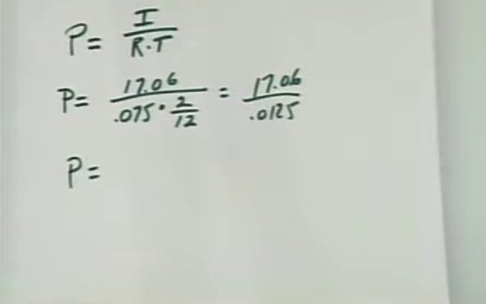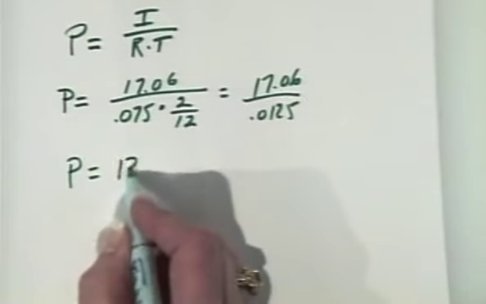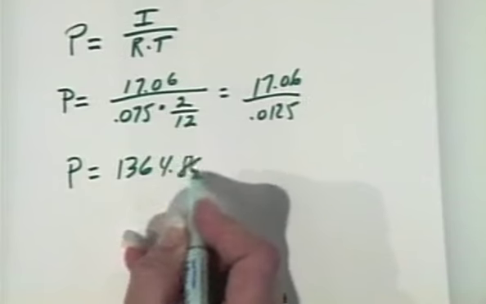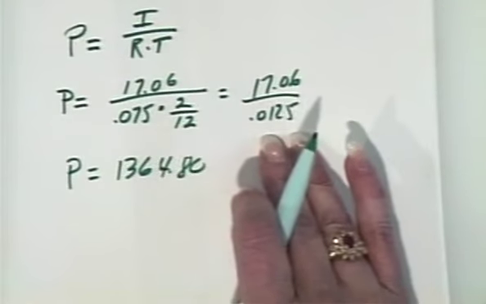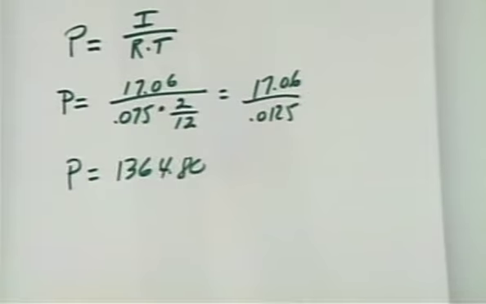I have a way I like to do it better. It's my preferred method. What did we get as principal? 1364.80. When the number that's in the denominator terminates, it's okay to write it down and then re-enter it. But you know what I like to do, don't you? Store it in memory.